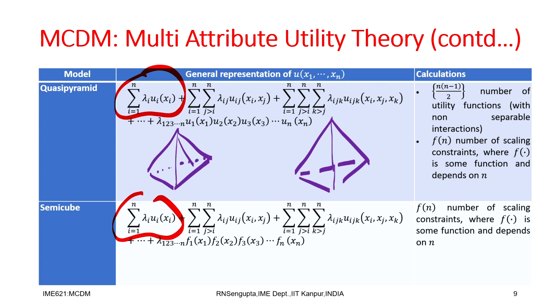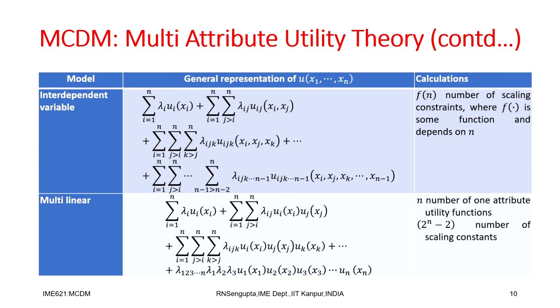So, for the quasi pyramid, number of calculations is n into n minus 1 by 2, and with non separable interactions, and Fn is the number of scaling factors. Similarly, for semi cube, Fn is the number of scaling constants, where the function f is some function which depends on n only, in the same case as the other one.